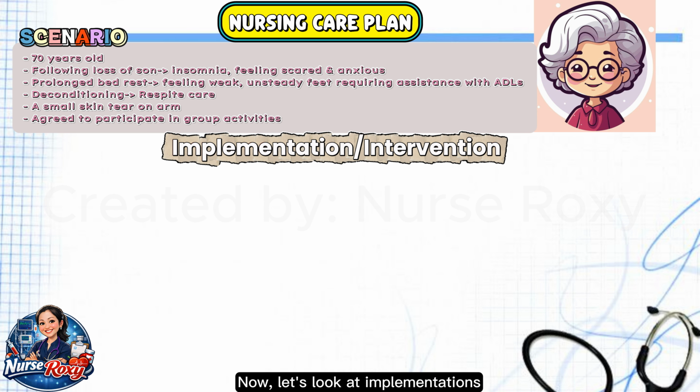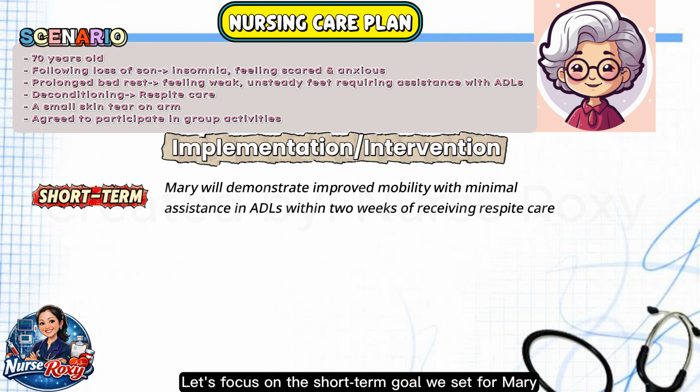Now, let's look at implementations. Implementations are the strategies we put in place along with their rationales to help achieve the set goals. You can have multiple interventions targeting a single goal. Let's focus on the short-term goal we set for Mary.